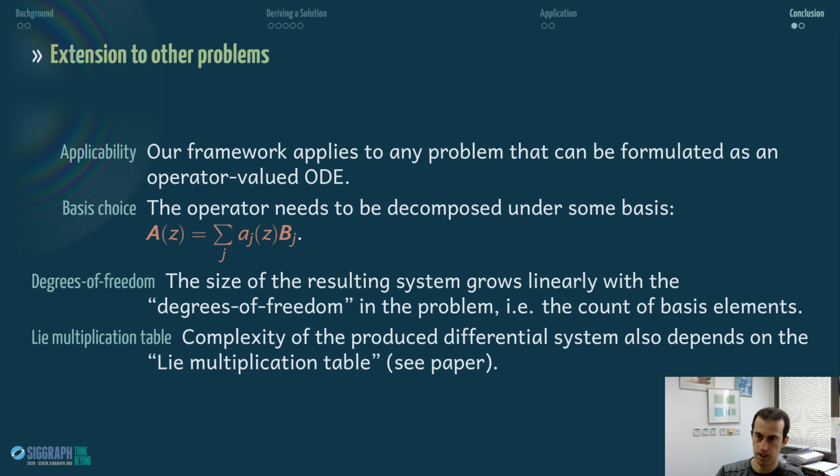By a simple multiplication table, I mean that if you apply the Lie bracket to any pair of basis elements, you want to get, in general, another basis element, and not an intermediate result. And you want this to happen as often as possible, for as many pairs as possible. This is the primary trick. You can check that in my formulation, with the basis which we chose, if you apply the Lie bracket to any pair of elements, you will always get another element, and no intermediate results. This greatly helps to produce simple ODEs.